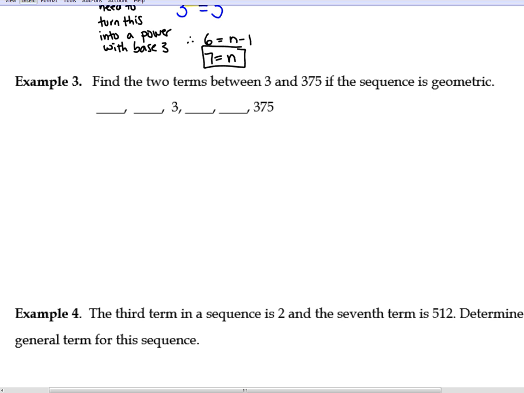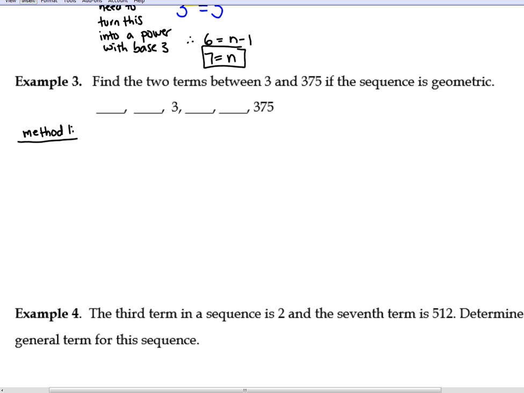All right. Find two terms between 3 and 375. Find the two terms between 3 and 375 if the sequence is geometric. Okay, so remember we had two methods at looking at this when we did arithmetic. I'm going to show you again two methods. So what was the first method we used in our arithmetic?